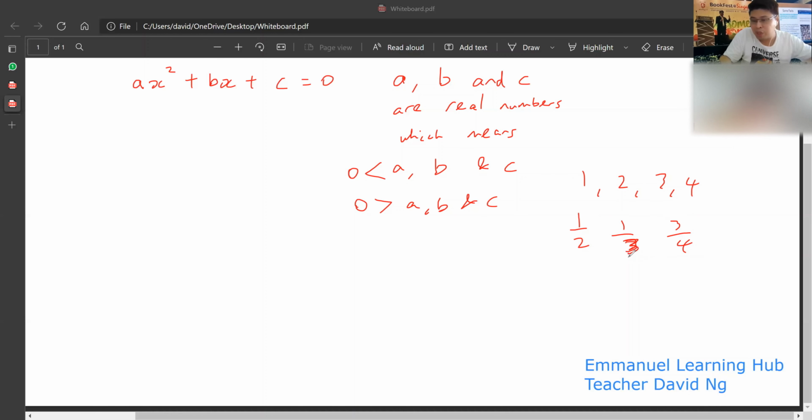Okay? Numbers means all kinds of real numbers. Even pi is also a number, or a decimal, 4.5329, etc. These are all classified as numbers. So real numbers means not just 1, 2, 3, 4, 5, it can mean anything.